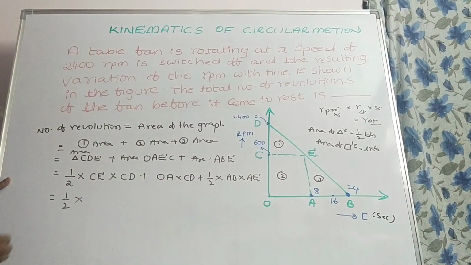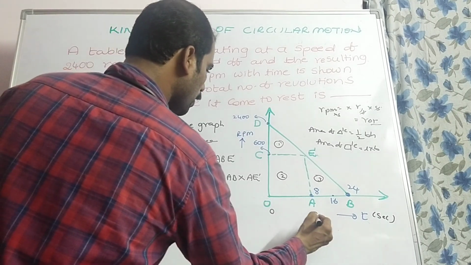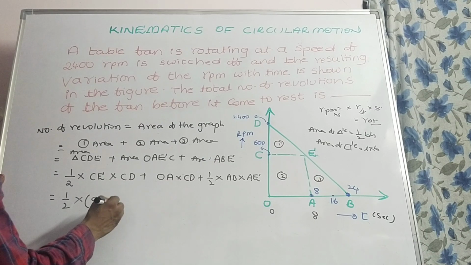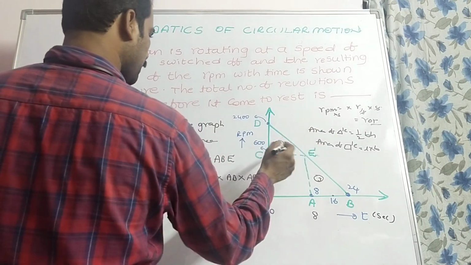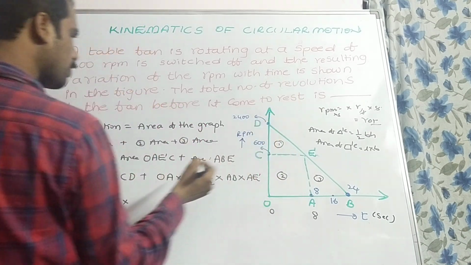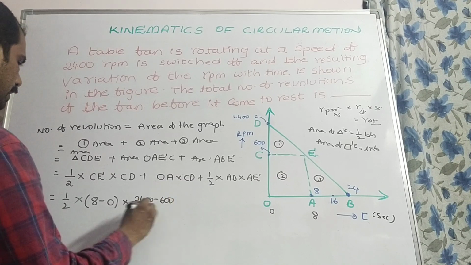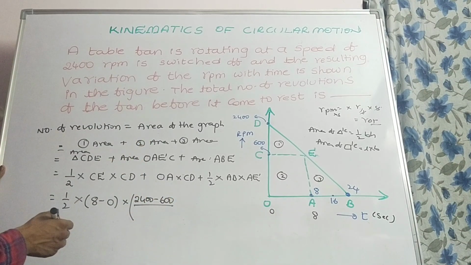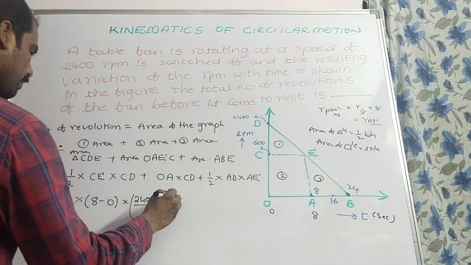That is equal to half into, what about CE? CE is nothing but 0 to 8 seconds. That's why 8 minus 0 into, what about CD, 2400 minus 600 by 60, since we have to find rotations per minute, so per minute we have to write 60.